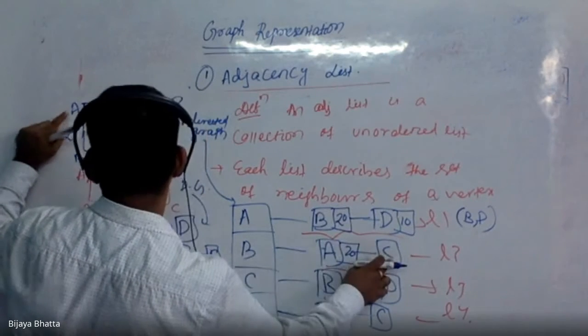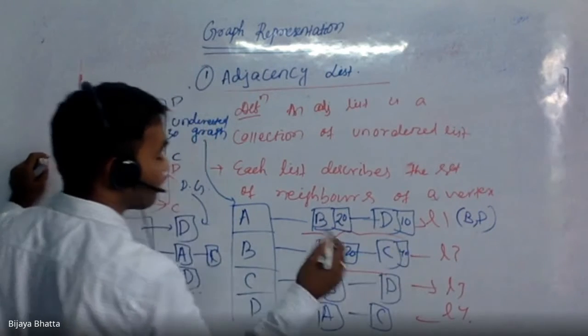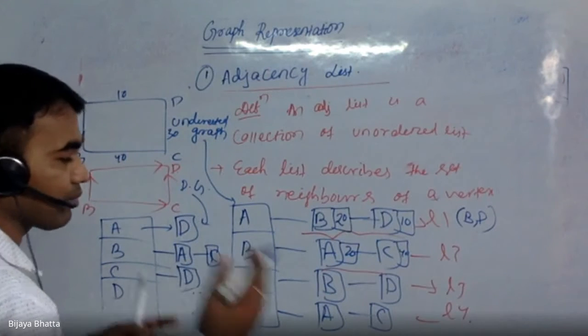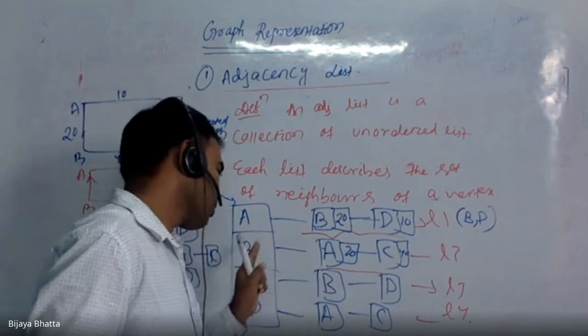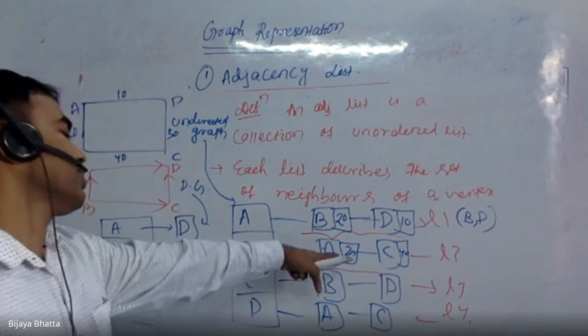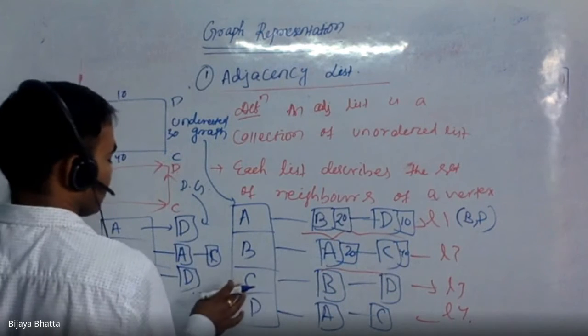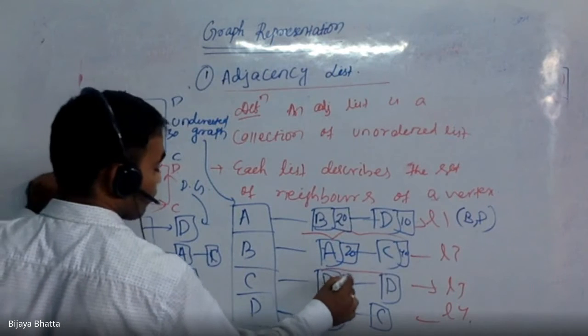B is going to C, which is 40. That means every node will now have two parts: one is the data or the node, and one is the weight of that node from the original node. So B to A is 20, B to C is 40. The same way you can go on. C to B is going to be 40.